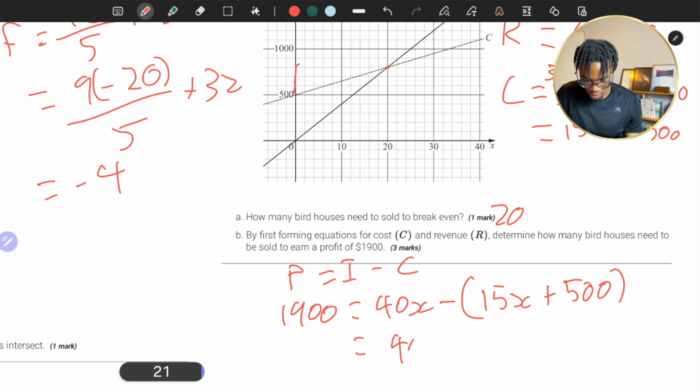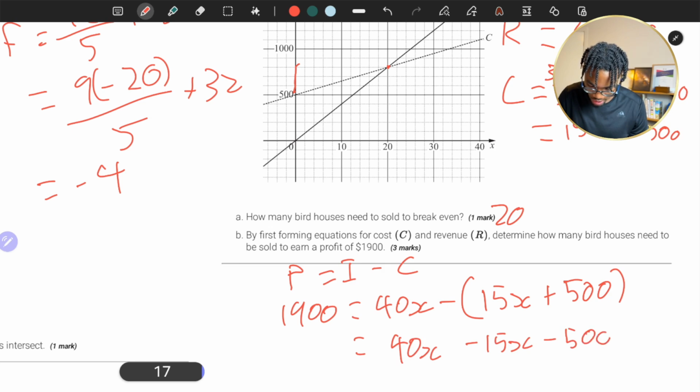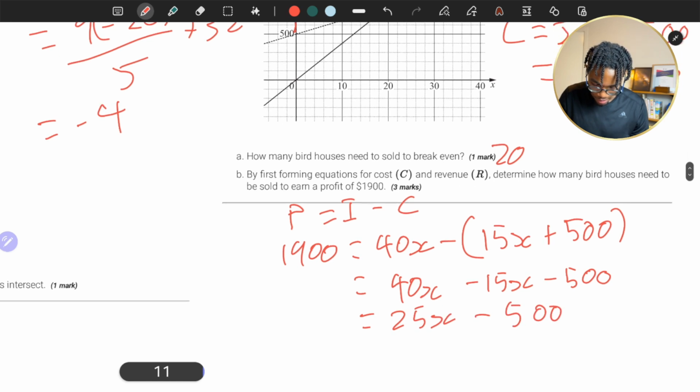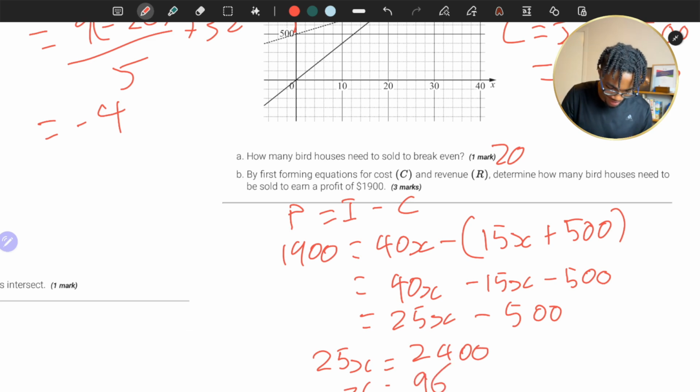That equals 40x minus 15x minus 500, which equals 25x minus 500. So 25x equals 2,400, and x equals 96. Oh, missed it just, but 96 birdhouses.